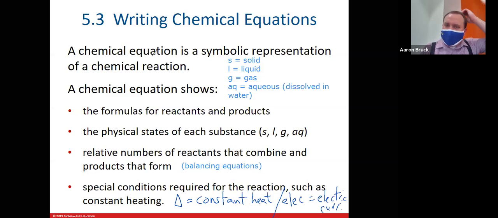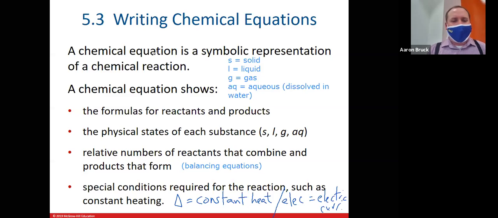We saw an example of this in lab. If you remember from the, which lab was that? It's one of the early ones. The Hoffman apparatus. We had the machine that was hooked up to the battery that separated the hydrogen and the oxygen from it.